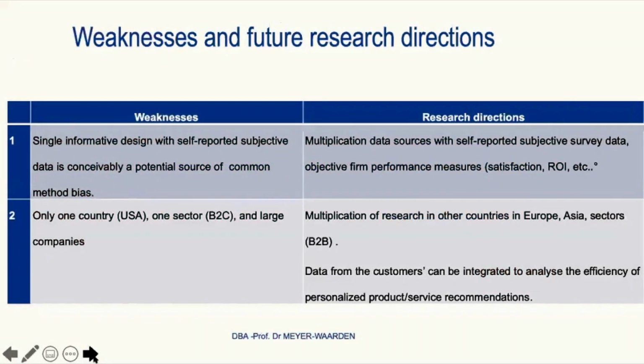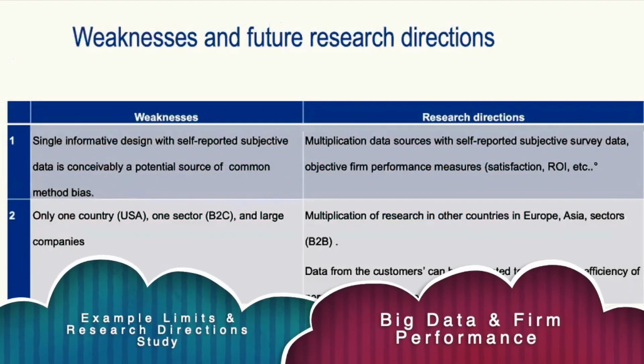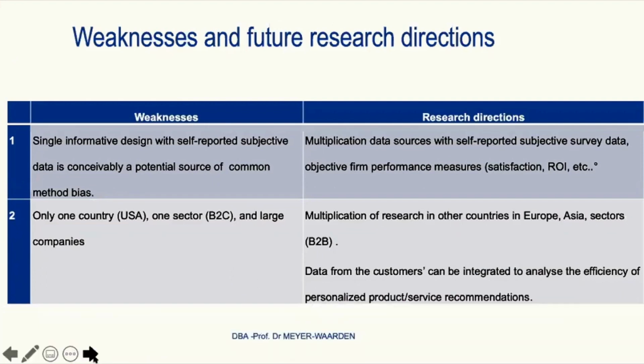Research directions. In our research, there is a major weakness because we have a single informant design with self-reported subjective data, which is a potential source of common method bias. In other words, the managers answered at the same time about the impact of big data management and the firm performance.